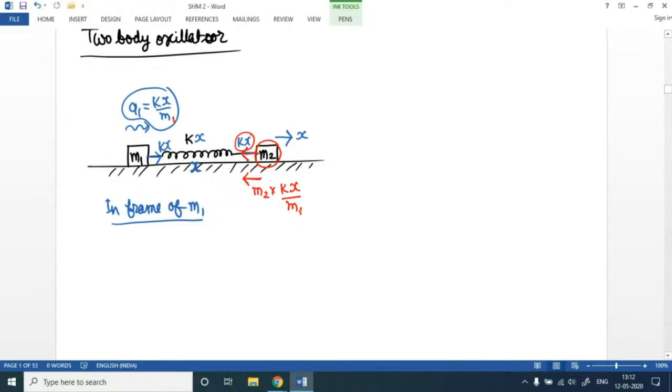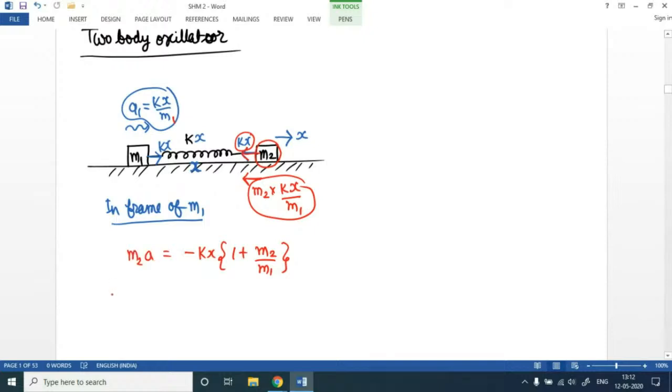So what would be the equation of force on m2 in the frame of m1? F will be equal to this force plus this force, and when you take kx common, simply it would be minus kx into (1 plus m2 by m1). And F is nothing but m2 times a.